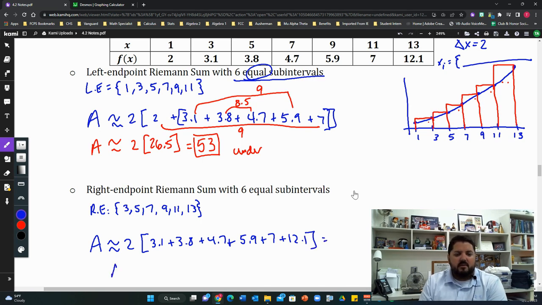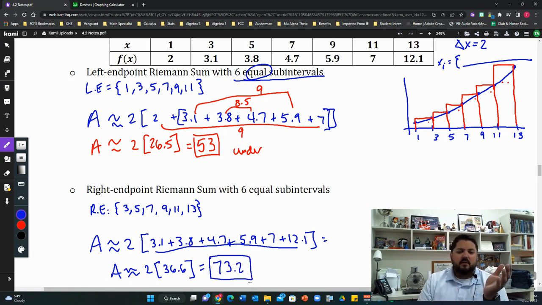Now, to speed up the mental math process a little bit, the only difference between this total and the previous one is I subtracted 2 from this, and then I'm going to add 12.1 to it. So that would be 24.5 plus 12 would be 36.6. Now, if I double that guy, I will get 73.2.